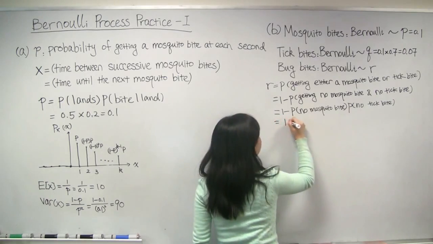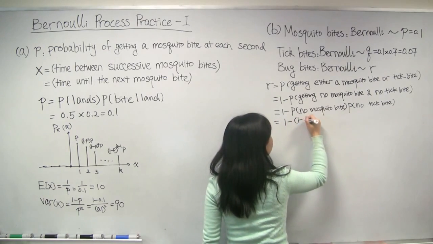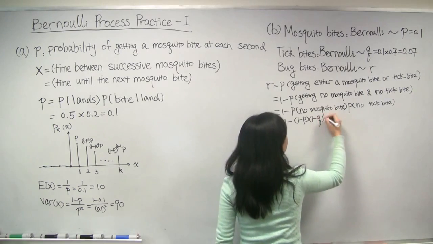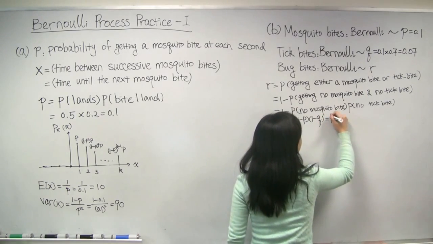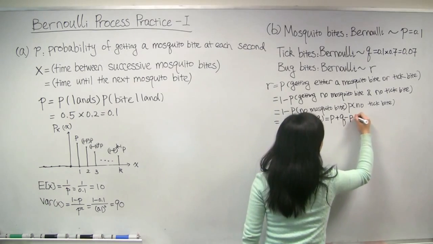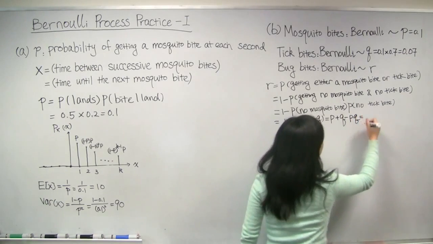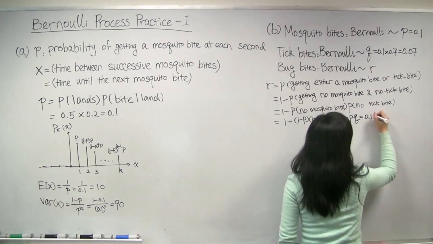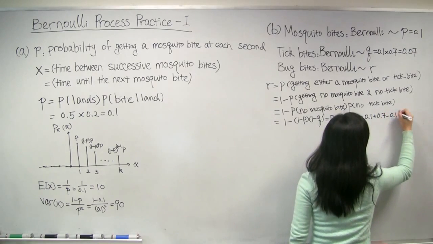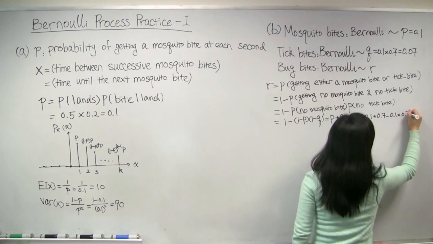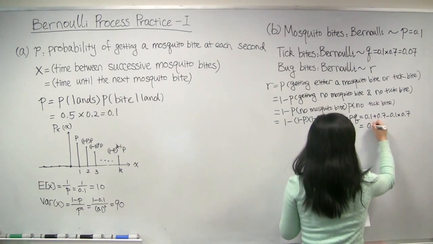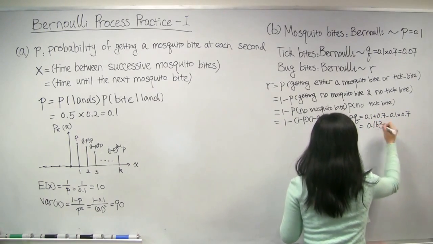And this is equal to 1 minus (1 minus p) times (1 minus q), which is p plus q minus pq, which is equal to 0.1 plus 0.07 minus 0.1 times 0.07, which is equal to 0.163.